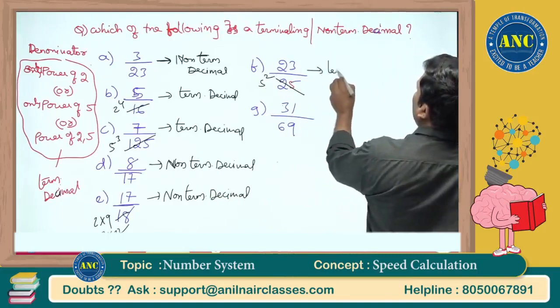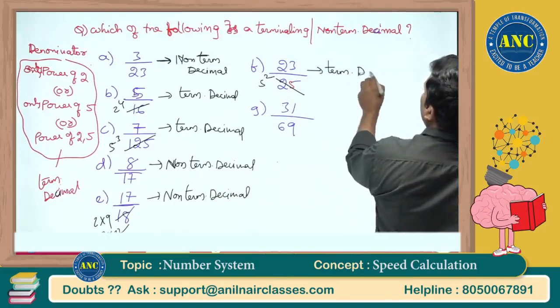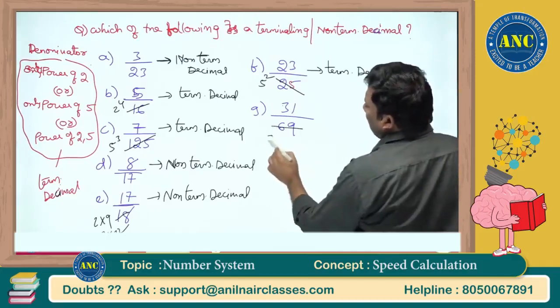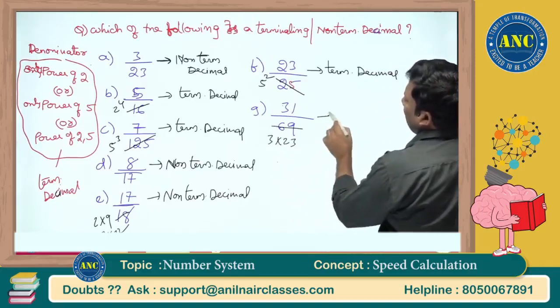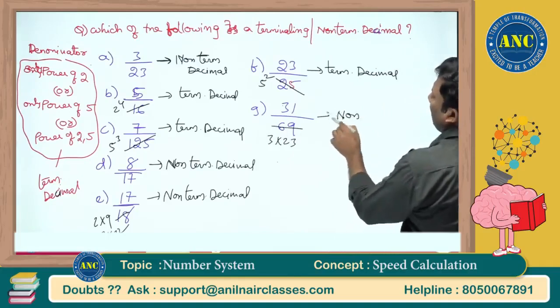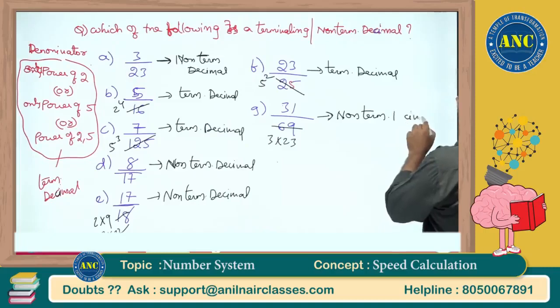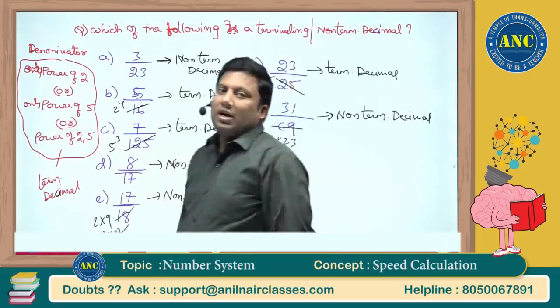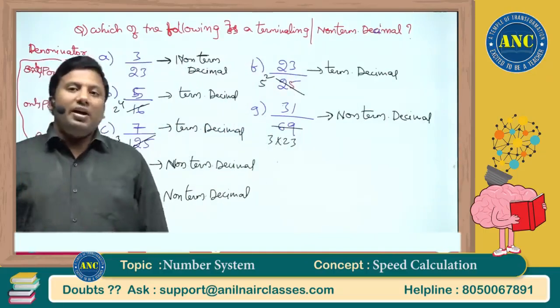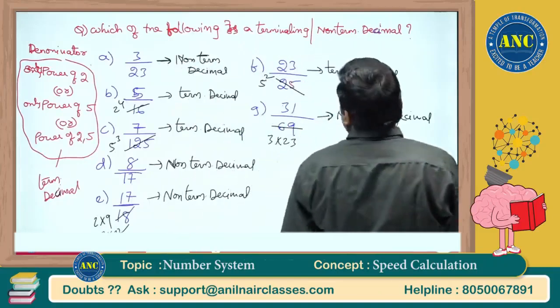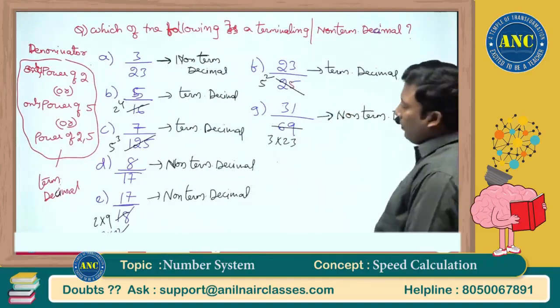It is a terminating decimal. 31 by 16/9, 3 into 23. It is a non-terminating decimal. I hope right now you got an idea how a fraction can be called a terminating or a non-terminating decimal. I hope it is clear.